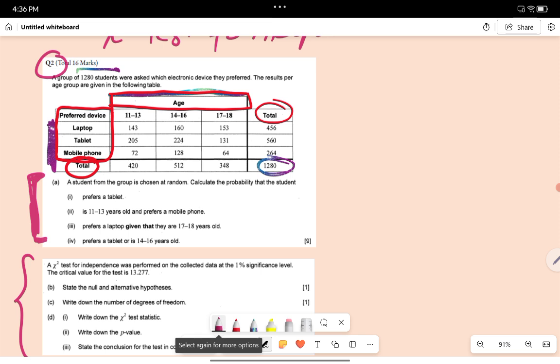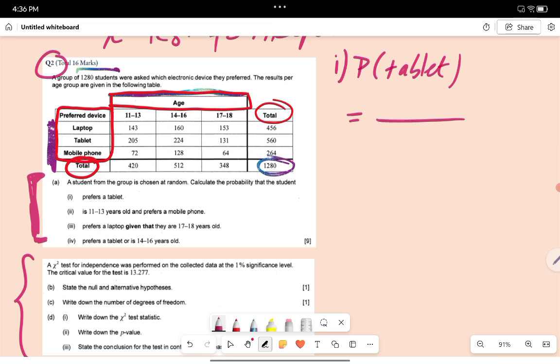Okay, so a student from the group is chosen at random. Calculate the probability that the student prefers a tablet. So, how are we going to do that? Well, we want the probability of preferring a tablet. So, we're just going to have a look at how many kids we have that prefer a tablet. And we divide that by the total number of kids, right?